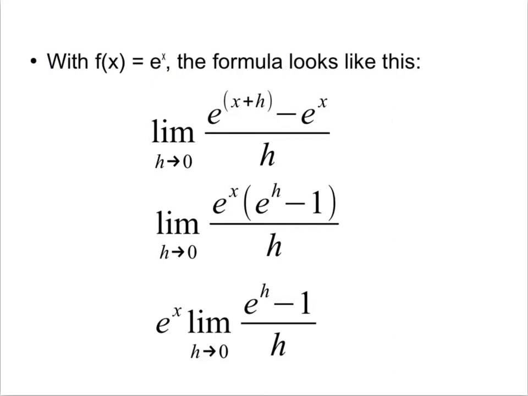Unfortunately, if you just do a straight substitution and put in 0 for h, you end up with 1 minus 1 over 0, which is 0 over 0. And remember, we found out that was an indeterminate form. So we use things like factoring and multiplying by a form of 1 to resolve those limits. In this case, we're just going to take a look at the graph.